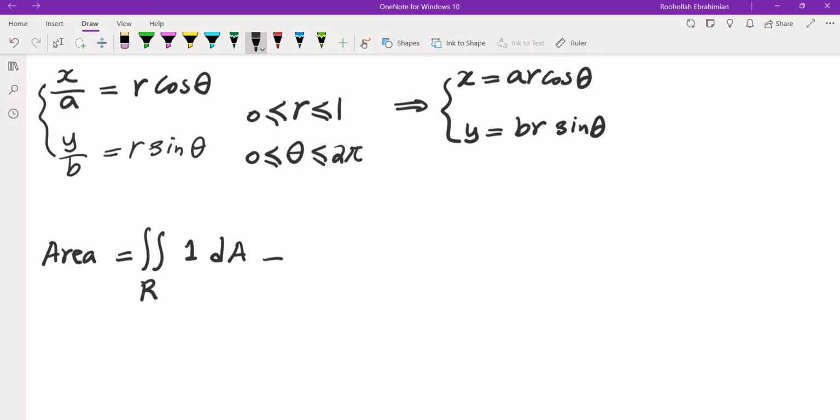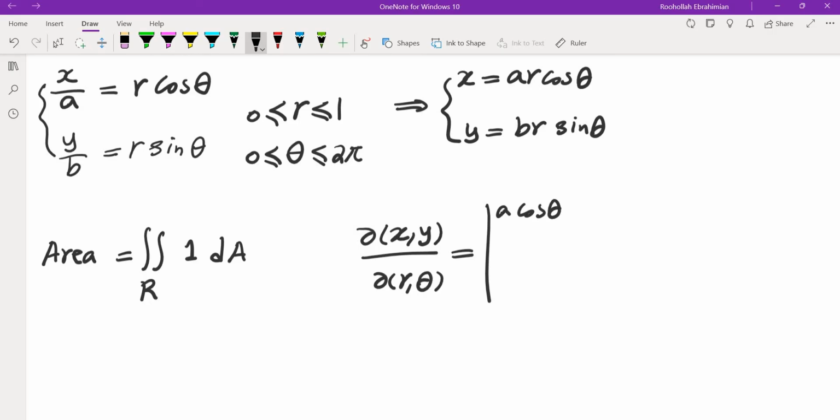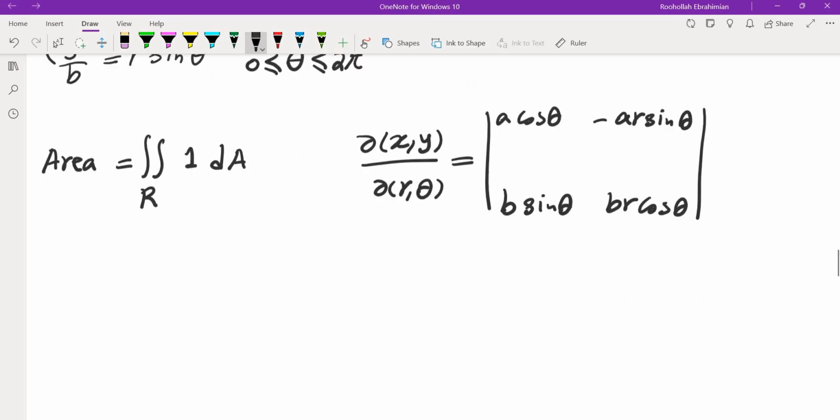Now, in order to evaluate this one, we'll have to first find the Jacobian. So let's find the Jacobian of x, y relative to r, theta. In this case, x and y are given in terms of r and theta, so we don't need to do a reciprocal. So it's a cosine theta, minus a r sine theta, b sine theta, and then b r cosine of theta.